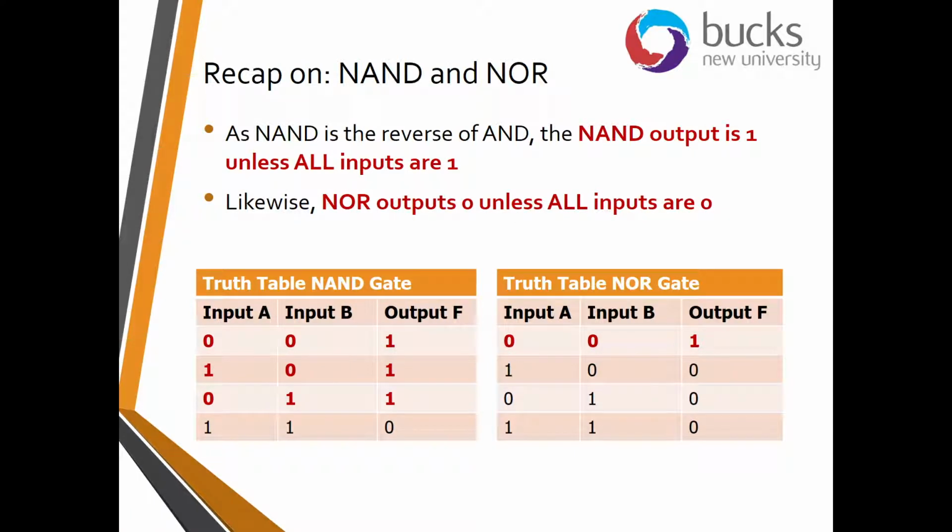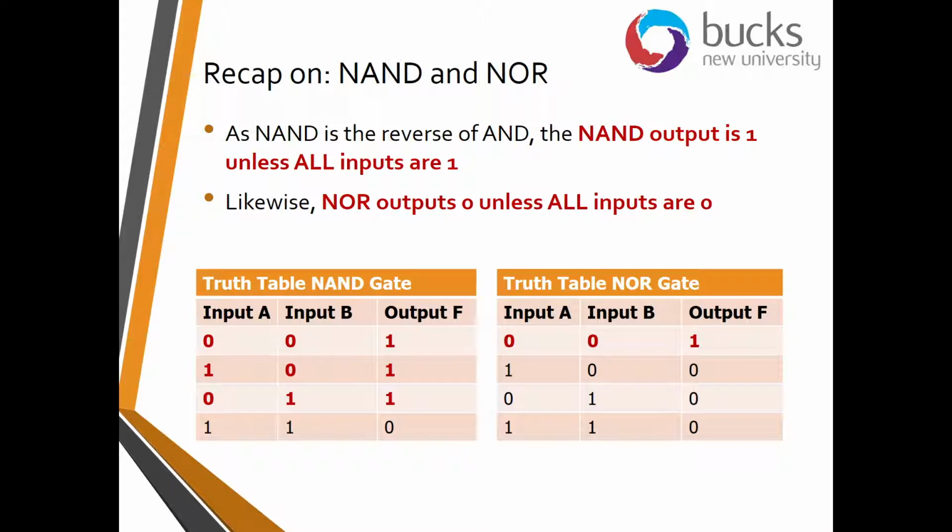So a NAND then is a reverse of an AND. The NAND output is 1 unless all inputs are 1. And likewise, a NOR outputs 0 unless all inputs are 0.